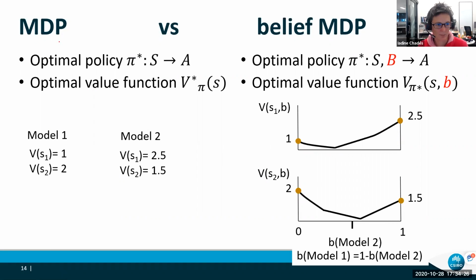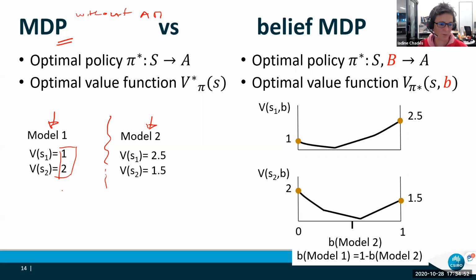So in the MDP world, without adaptive management, one of the models will be true. Let's say model 1 is true. We can solve it using an MDP, and we get this optimal value function.